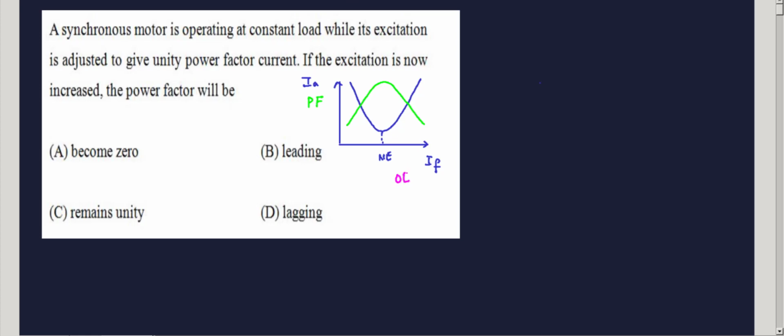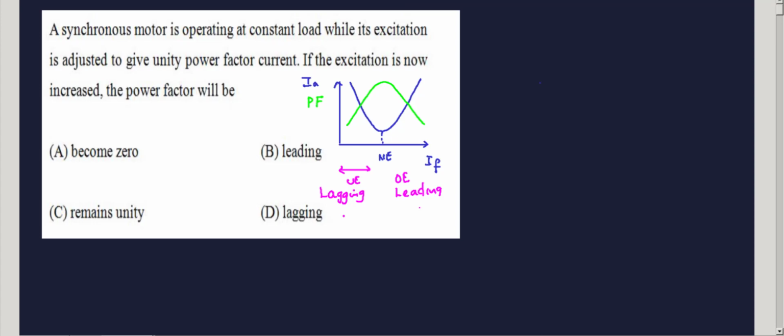In a synchronous motor, this is over excitation, this is under excitation. Over excitation leads to leading power factor, under excitation leads to lagging power factor, whereas in an alternator, this is a lagging power factor, this is a leading power factor. There is no change in the V and inverted V curves.